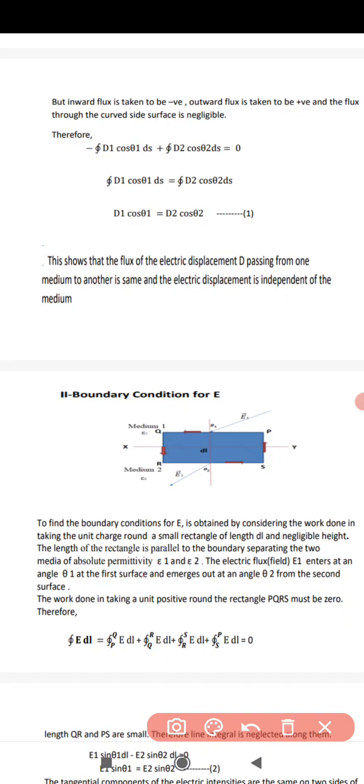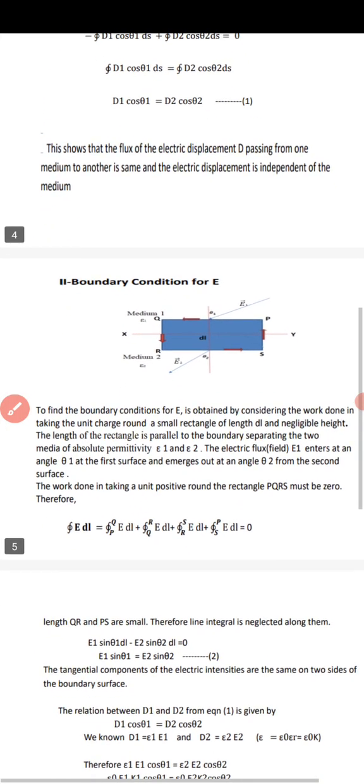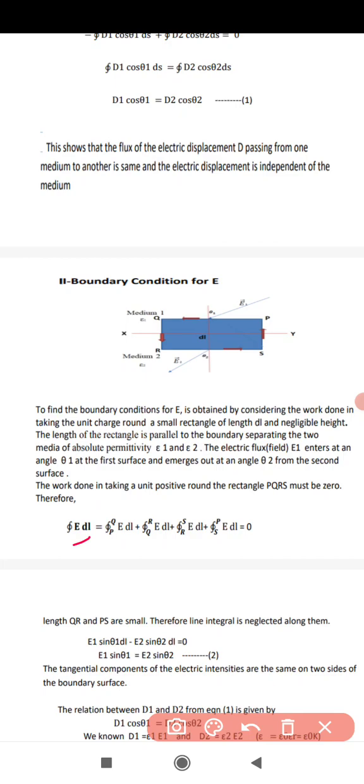Therefore, the line integral of E dot dl is equal to the sum of the integral from P to Q of E dot dl, plus the integral from Q to R of E dot dl, plus the integral from R to S of E dot dl, plus the integral from S to P of E dot dl, which is equal to 0.